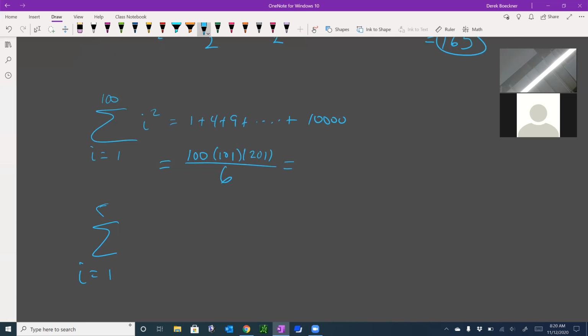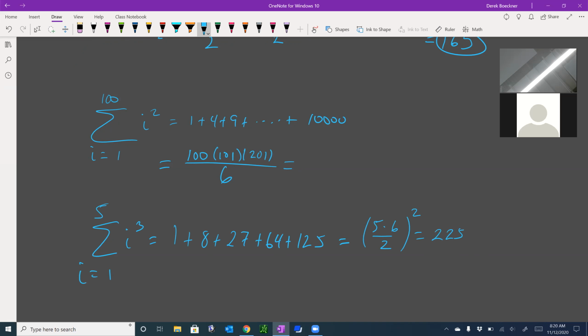The sum from i equals 1 to 5 of i cubed: 1 plus 8 plus 27 plus 64 plus 125. Well, I could do just that addition, but I could do it as 5 times 6 over 2, squared, which is 15 squared, which is 225.